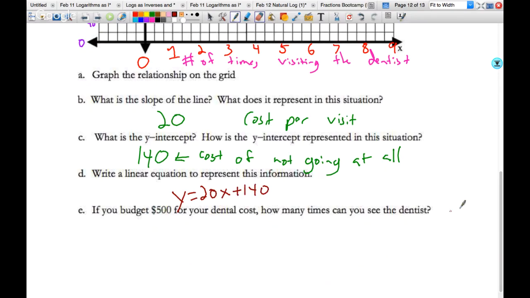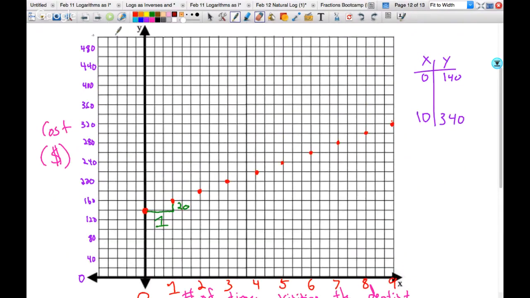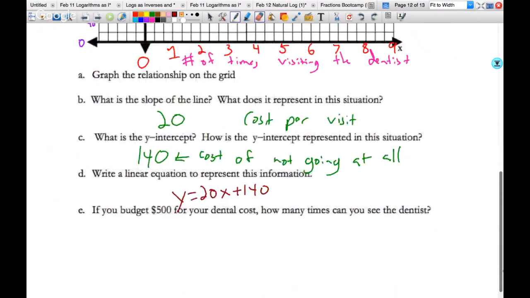If you budgeted $500 for your dental costs, how many times can you see the dentist? So 500, that's all the way up here. Can't even see where my line's going to cross that. So I'm going to have to solve this algebraically. The 500 is going to go in for y. This is going to create the equation 500 equals 20x plus 140. Take the 140 away from both sides.